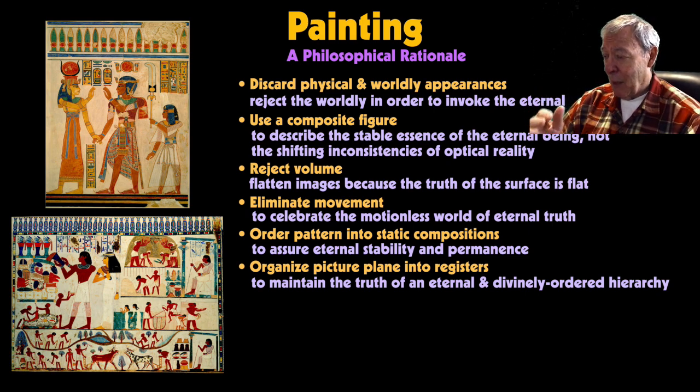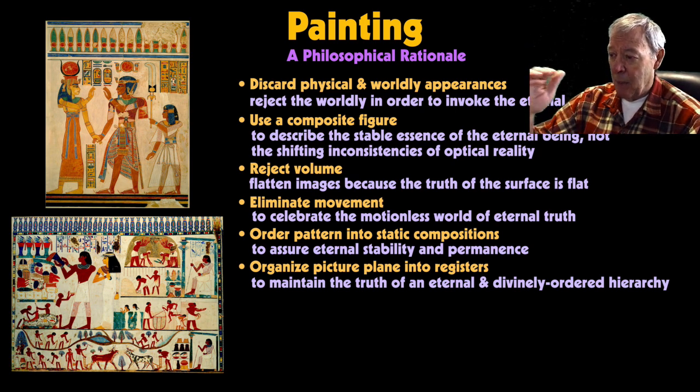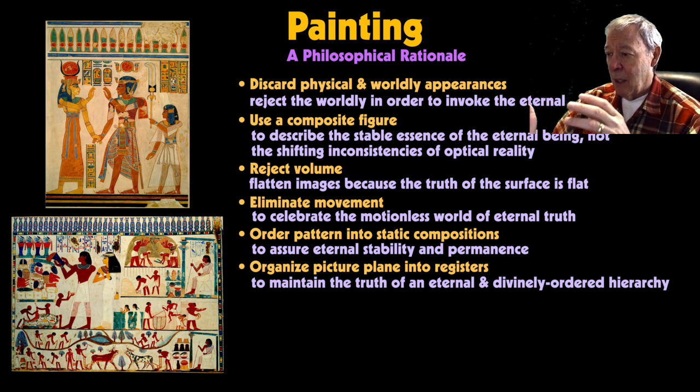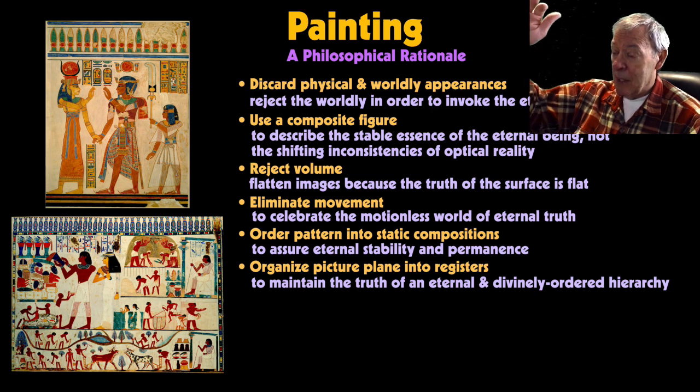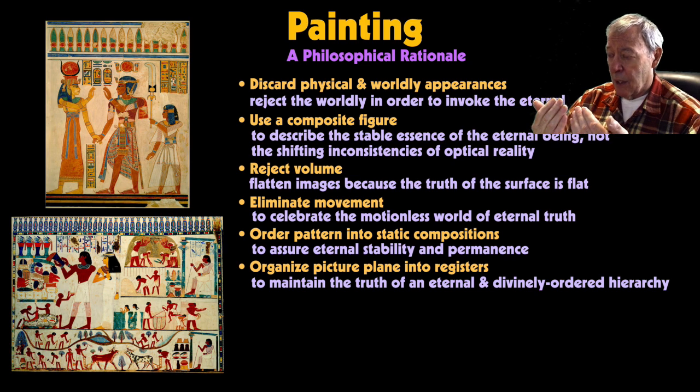Okay, in other words, last time we talked about the fact that one of the characteristic features of Egyptian art was hierarchic scale. The most important things are the biggest things in an image, in a picture plane. Now, when you think about the Western way of doing things with linear perspective, the most important things are not necessarily the biggest things. The biggest things are the closest things, whether they're important or not.